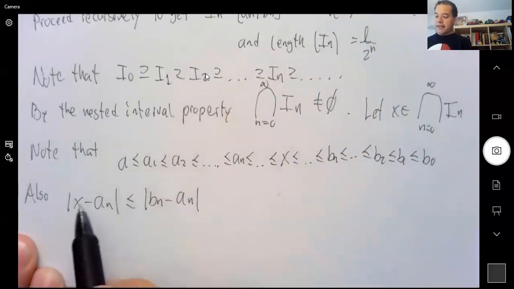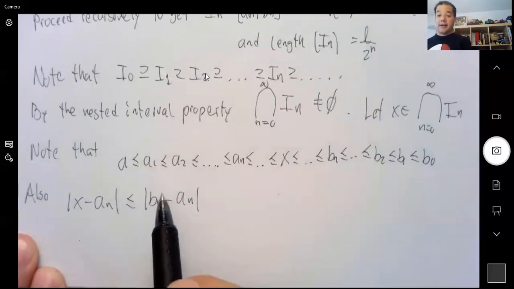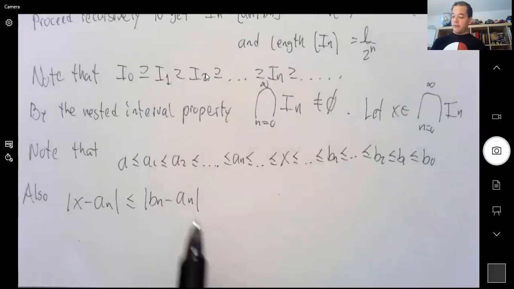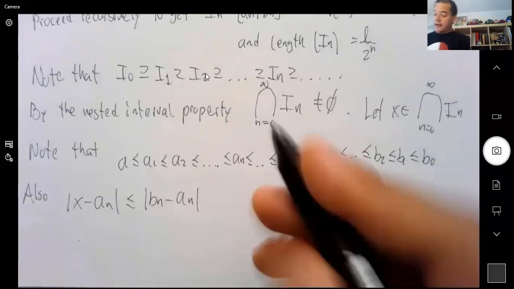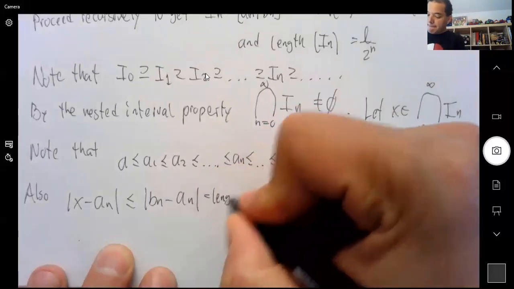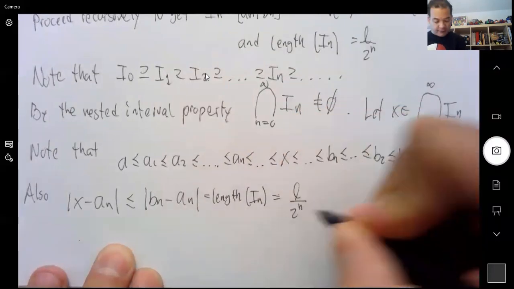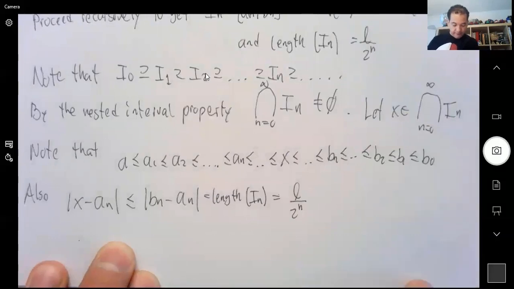So this is because X belongs to the interval I_n, and these are the endpoints of the interval I_n. So that's the longest you can be, right? The two farthest points in the interval I_n are the endpoints from a_n to b_n. And this is the length of I_n, which we know is L over 2 to the n, right?